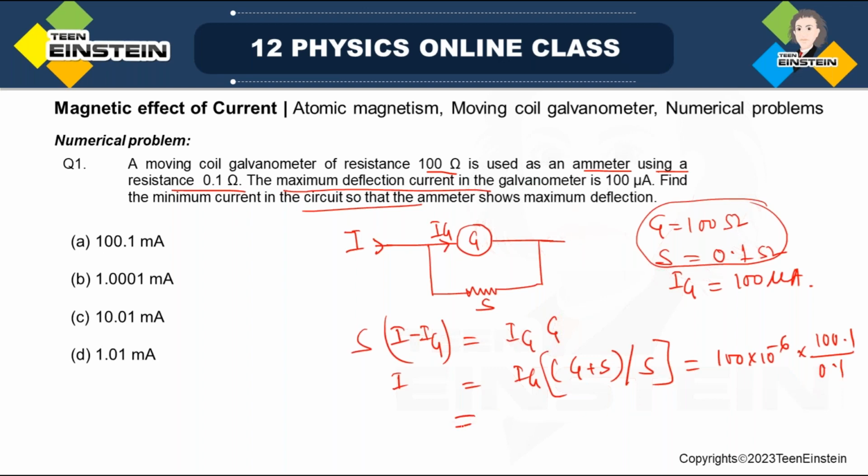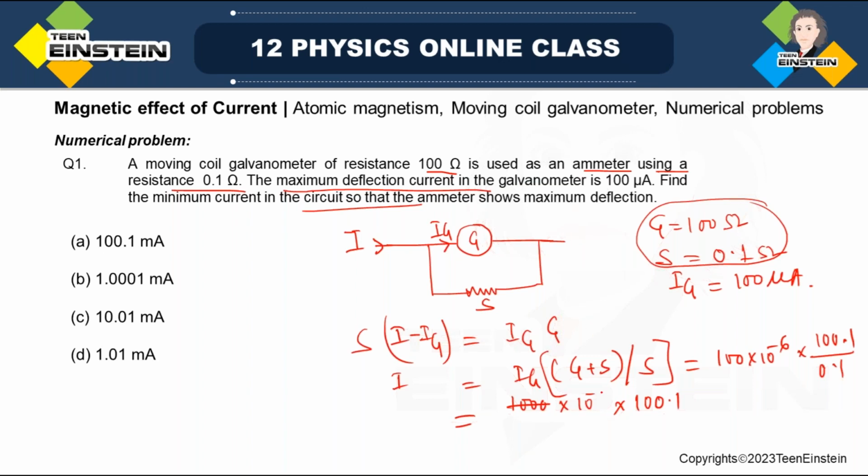So if you calculate, this current will be, let us do that. This is 0.1, so this into 10 to the power minus 6 into 1. See, this will actually cancel 3 of them.